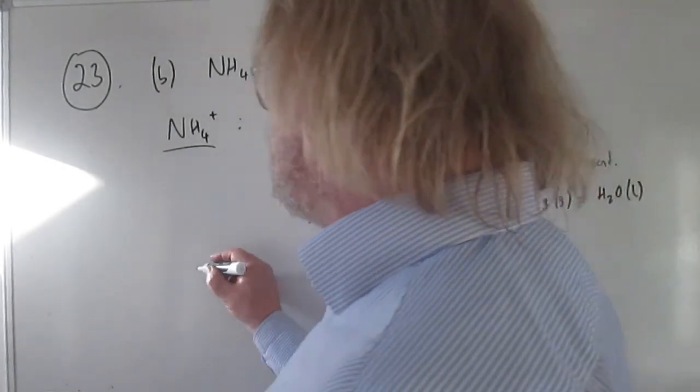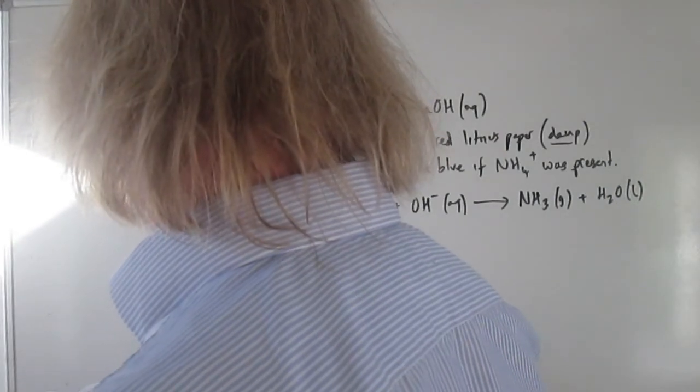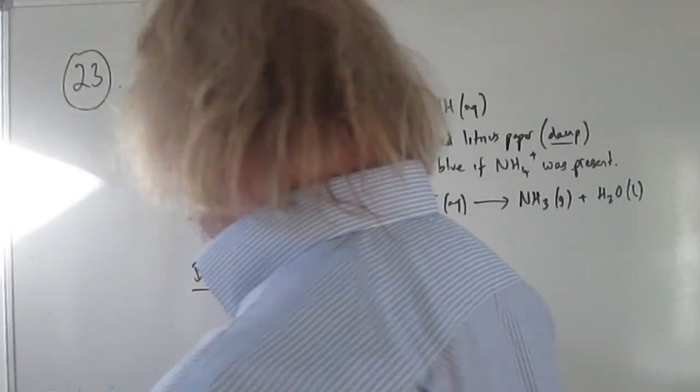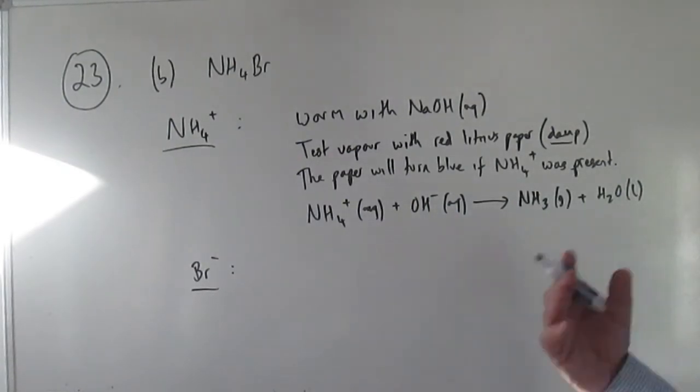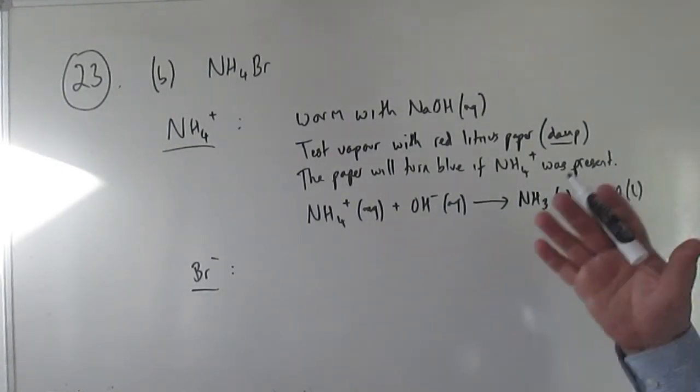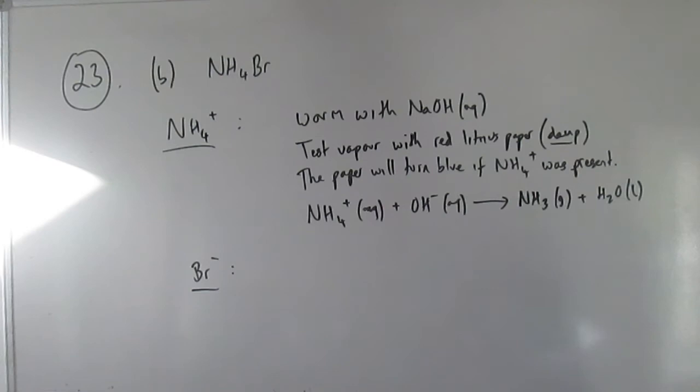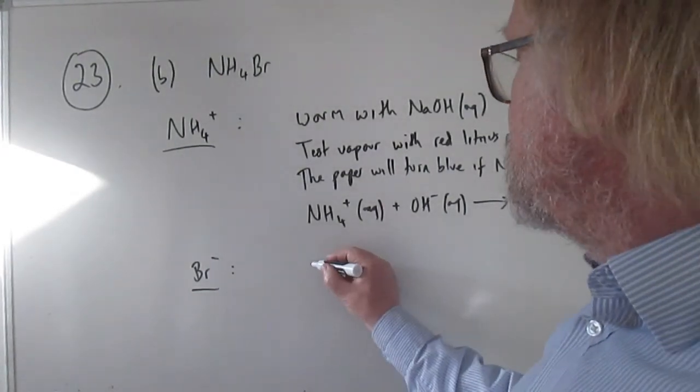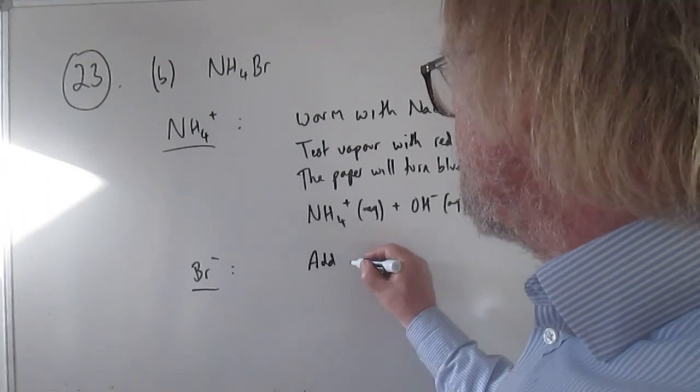So then the bromide test. As I say, we're skipping the preliminary tests to rule out carbonate and sulfate. I'm going straight for the halide test, which is that we add silver nitrate solution.